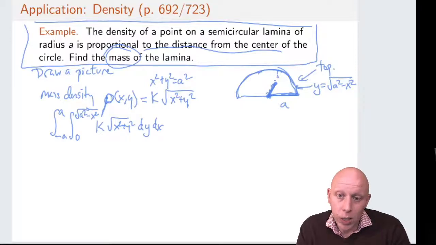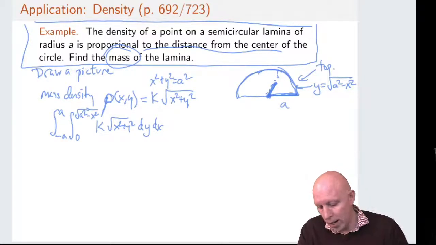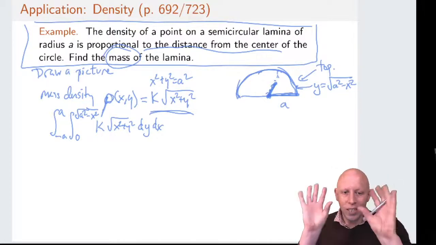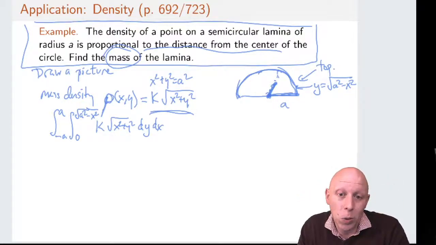And you wouldn't want to do that integral, but you could set that up. So we're noticing something. We're noticing some circles centered at the origin. Great. We're noticing that our function has x squared plus y squared in it. These are all bright lights telling us that we should be using polar coordinates instead.